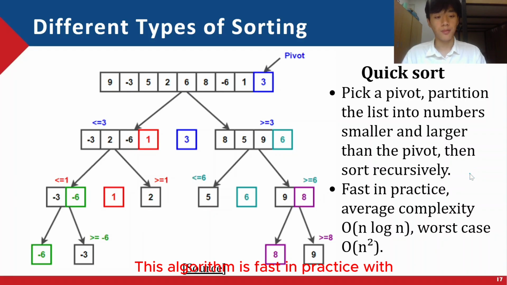This algorithm is fast in practice with average complexity being O(n log n). However, because I pick randomly, in the worst case, I might pick the pivot to be the smallest element. This makes quick sort turn into selection sort with time complexity being big O of n squared.